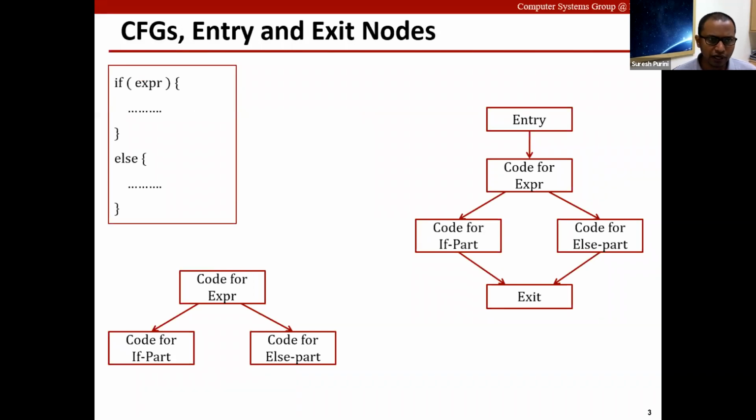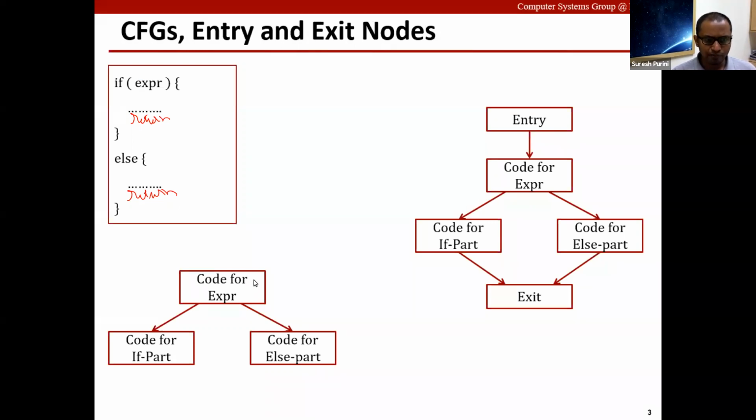For example, if you consider a function with a single if statement. So let's assume that there is a return statement here and there is a return statement here. If you construct a control flow graph associated with this if statement, the control flow graph looks like this.